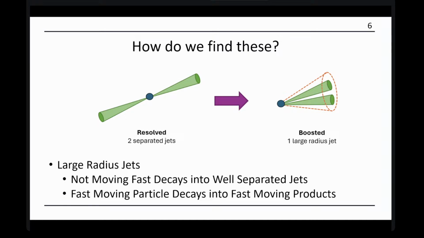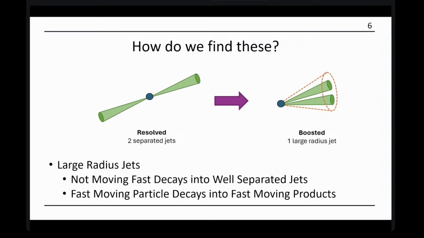Specifically, we're looking at the boosted jets, not the resolved jets. When a particle decays, in its reference frame, it's shooting stuff out like this. But because of relativity and the very high energy of these collisions, something is moving very fast, and these jets actually tend to smush together, as seen here.